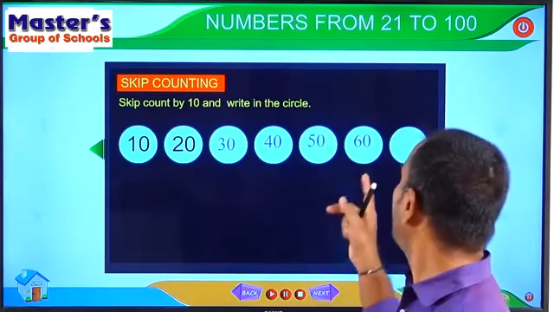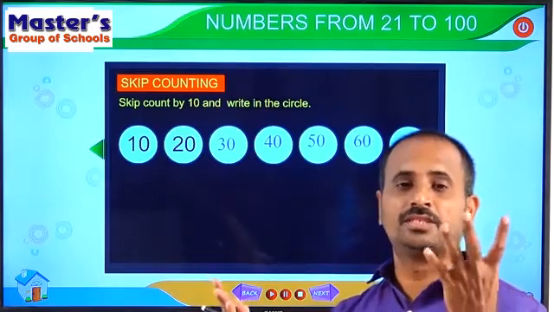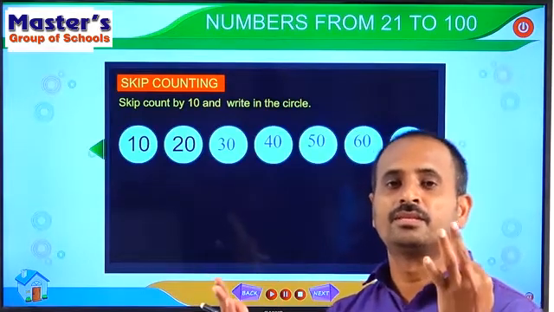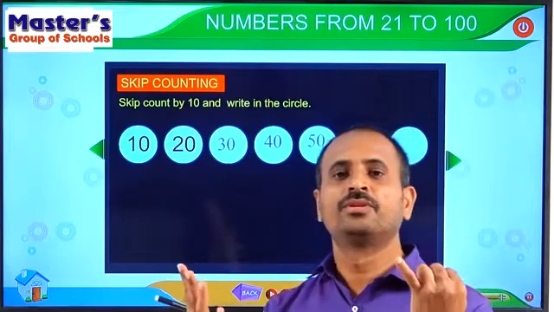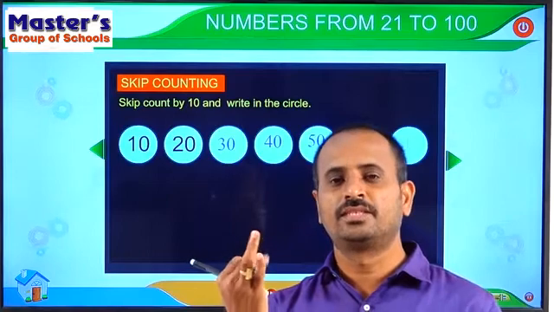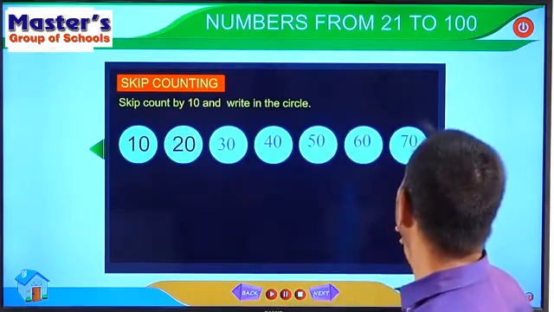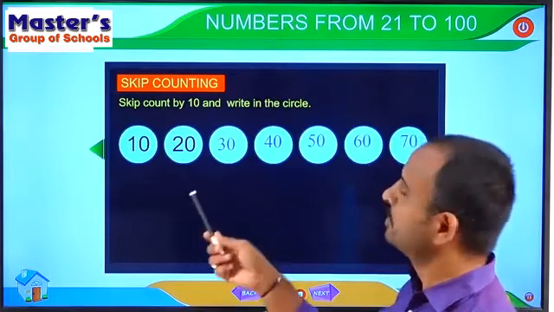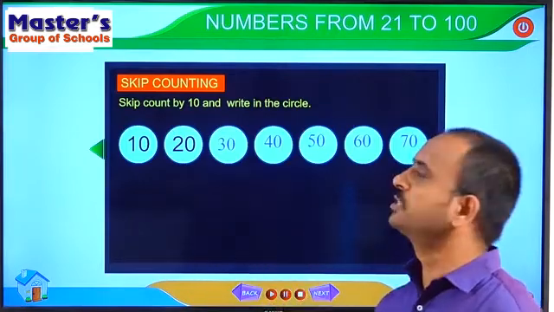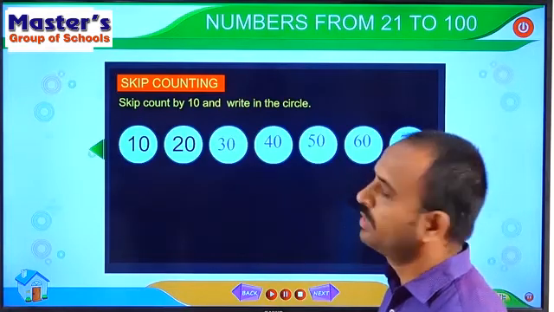So remember how to write the numbers from 61. So after 60 comes 61, 62, 63, 64, 65, 66, 67, 68, 69, 70. So write 70 in this circle. So children, in this way we can continue this addition. By adding 10 to each number, this is called skip counting.